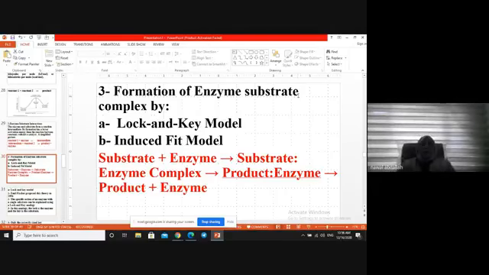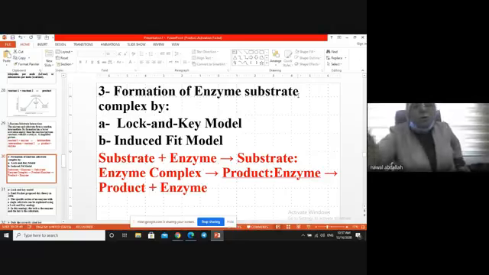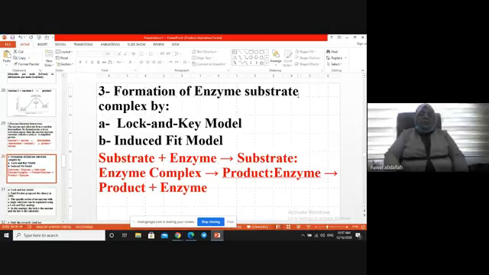Formation of the enzyme substrate complex can be done by two types of models, or two theories, in enzymology science.